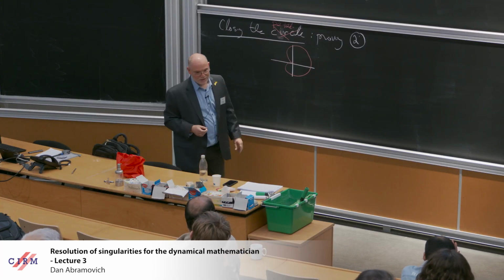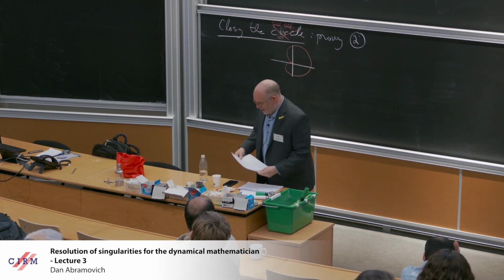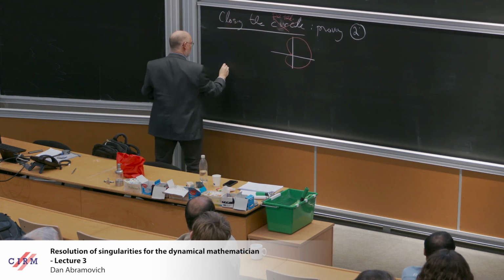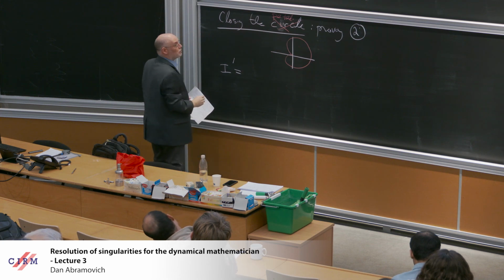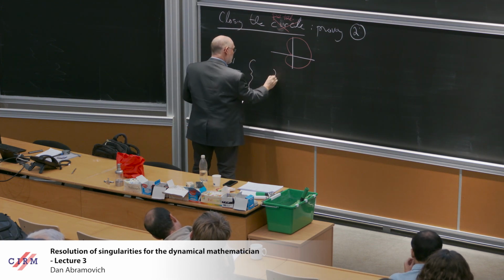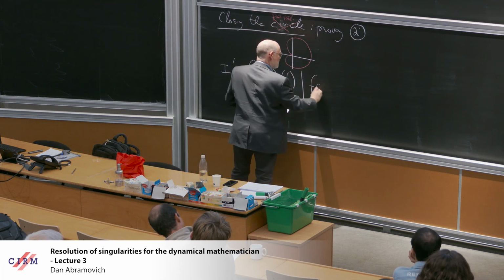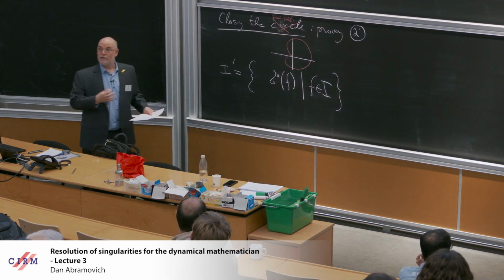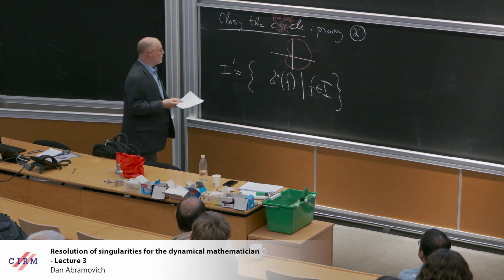So let's prove this. And I want to recall a couple of things from what I said. What is the transform of the ideal I? It's what I get by pulling back all elements of the original ideal and removing as much of the exceptional as I'm allowed to remove.